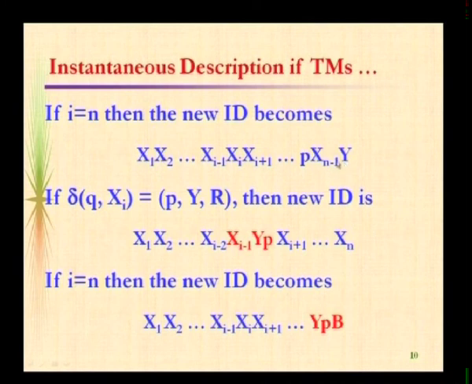And since the move is towards left, the new finite control p has to be in between x n minus 2 and x n minus 1. So, the output is x1 to x n minus 2, then p, then x n minus 1, and finally y.